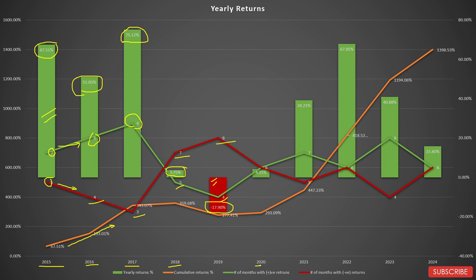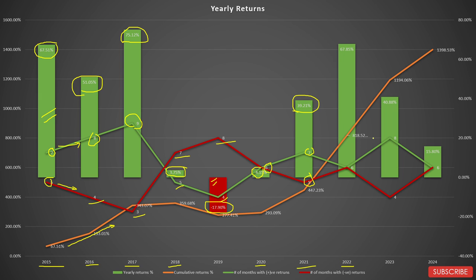The sector recovered a bit in 2020 and gave positive returns of 4.15% with 6 positive months and 6 negative months. 2021 was a very good year for this sector, and this sector gave returns of 39.21% in 2021 with 7 positive and 5 negative months.